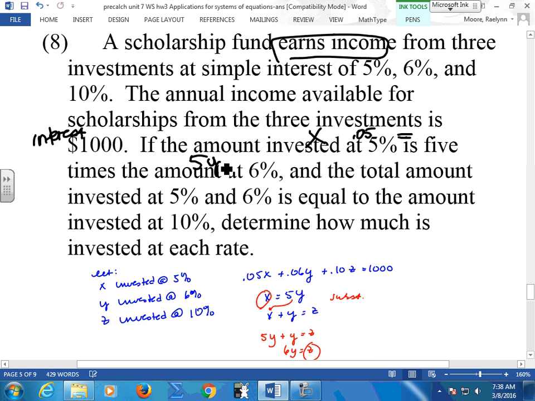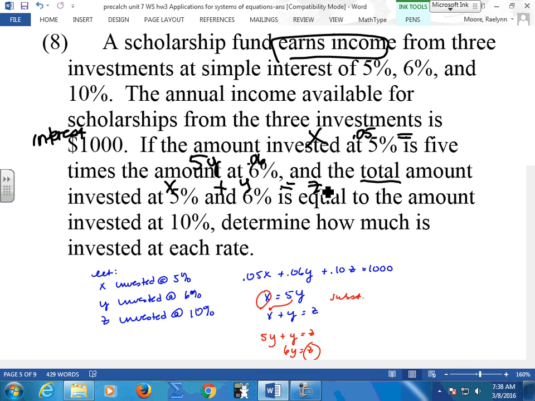Y. And the total amount invested at 5 and 6, that's the Y amount and the X amount, is equal to the amount invested at the 10%, the Z amount. Pull it right out of the words. Set up your let statements first, and then go back into your problem and plug them back in there.